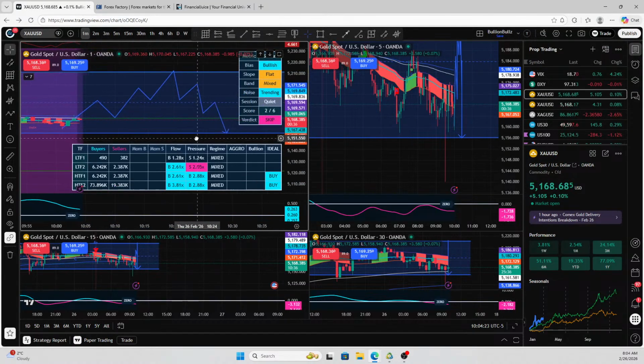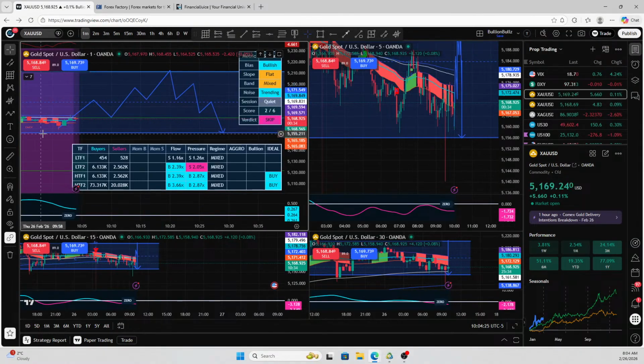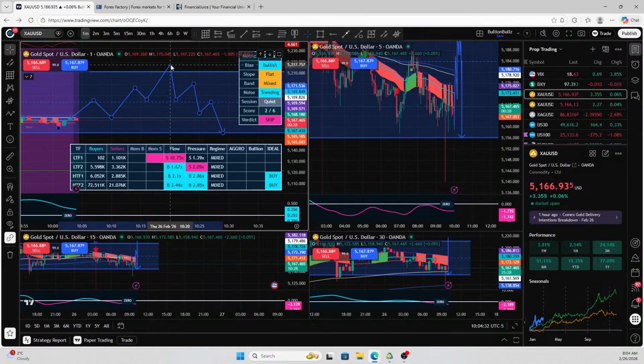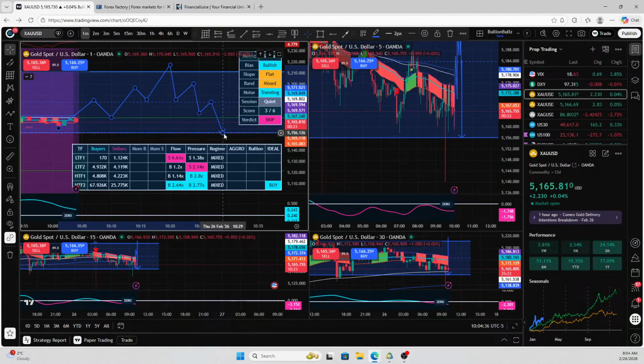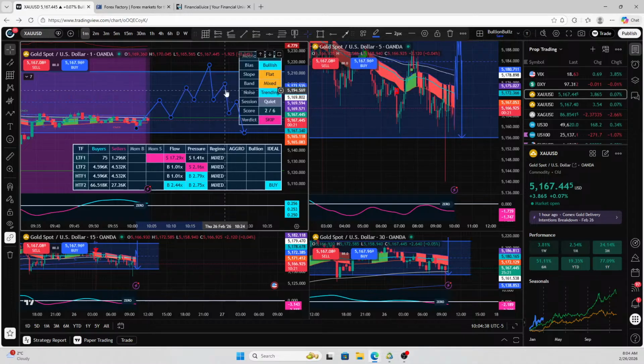So the price makes this move to the upside, touches this level, or even goes past this level and then tries to come back in and gives us a move down, right? So this is the kind of move that we're looking for today.